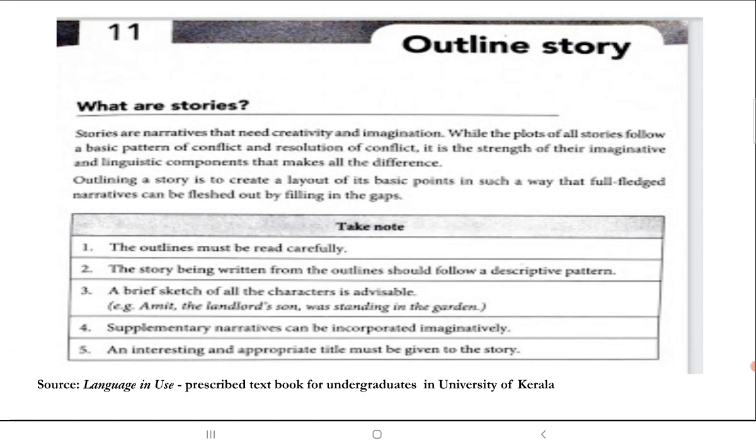Second point, the story being written from the outlines should follow a descriptive pattern. Definitely, because when you tell a story, the narrative technique we follow is descriptive. You won't create a story in the same way you write a news article, right? You will be a little bit informal.